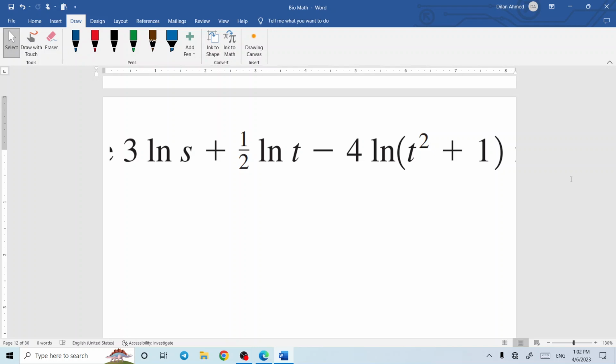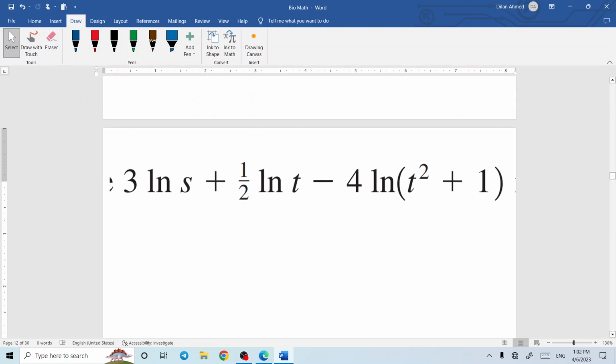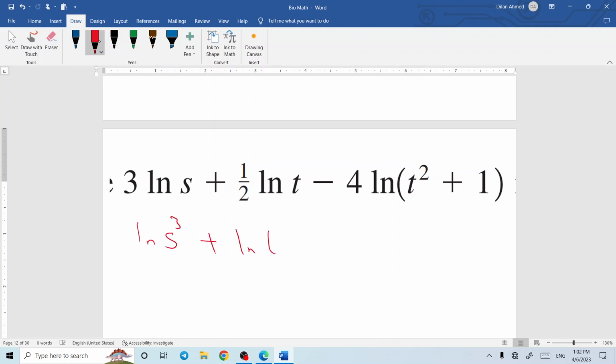First line. Ln of. You are right. Was it hard?